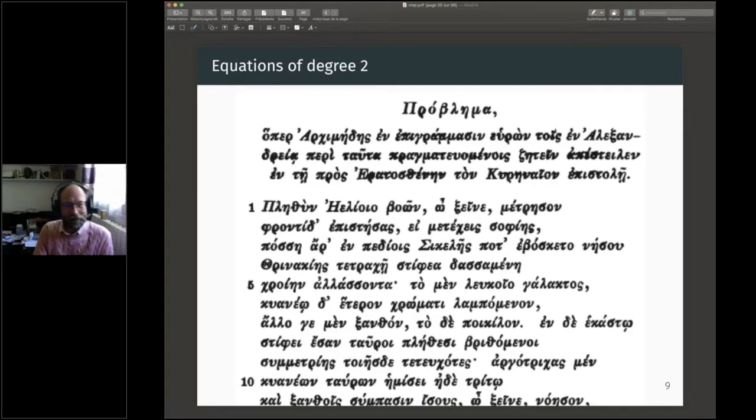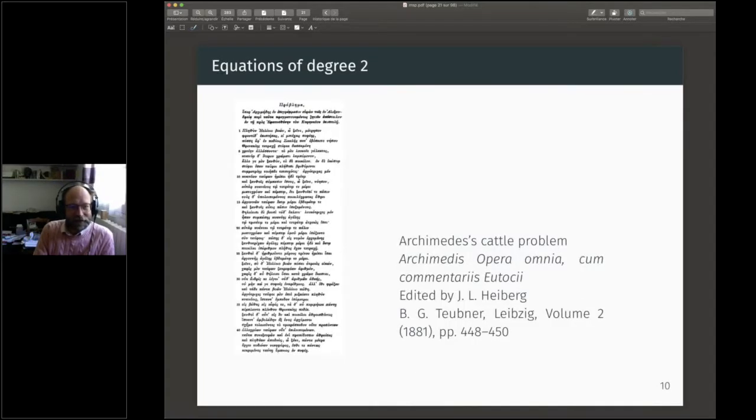So it's a problem called Archimedes' cattle problem. And here that's an edition of the 19th century. It does nothing particular except that it's the complete works of Archimedes.